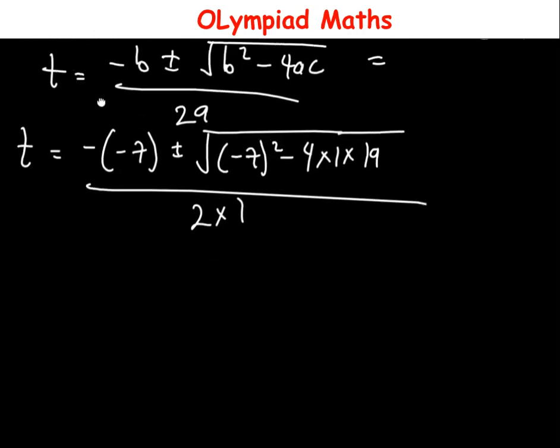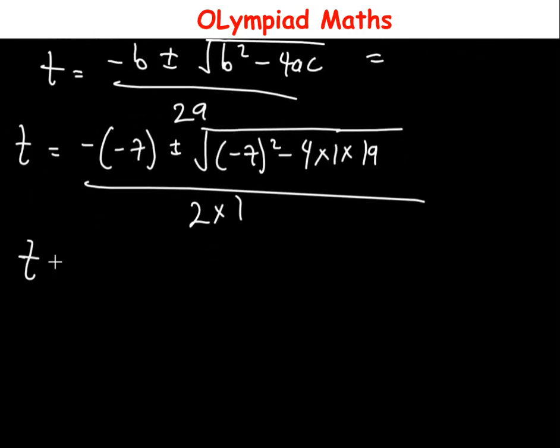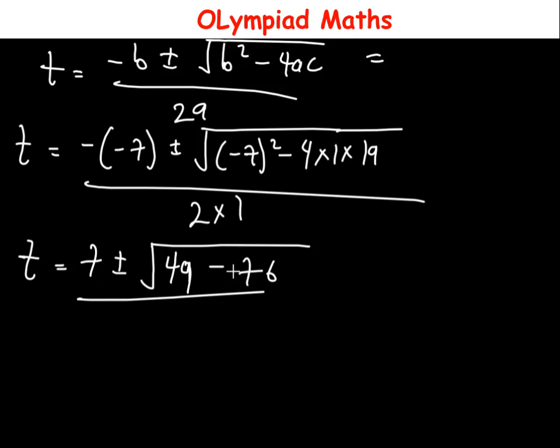From here, we have it that t is equal to minus times minus 7 is plus 7, plus or minus square root of minus 7 squared is 49, then minus 4 times 1 times 19 is 76, then all over 2 times 1 is 2.